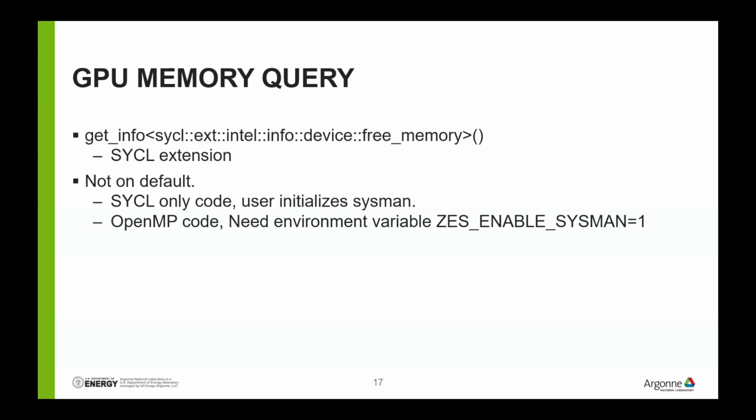So I need to use this environment variable to explicitly tell OpenMP to make sure Level Zero is initialized properly with Sysman. Then later in the code, I can query the GPU memory. So when you are using both OpenMP and SYCL, there are a few extra things you need to take care of.